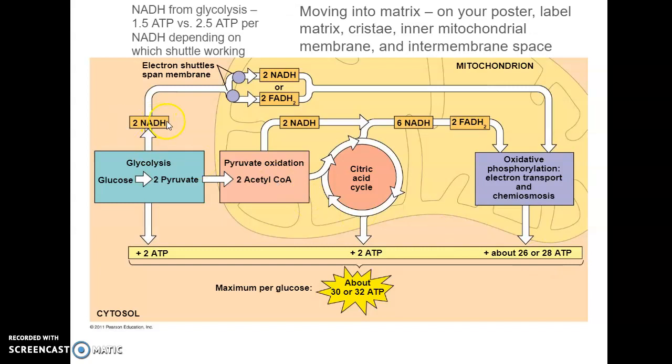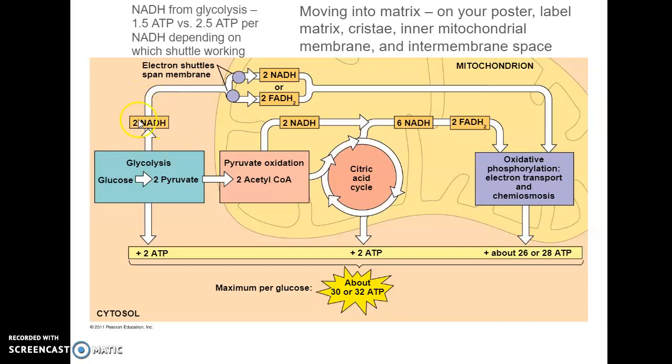So NADH and FADH2 are both considered electron shuttles or carriers that shuttle very high energy electrons to the electron transport chains, which is very important in ultimately producing ATP, okay?